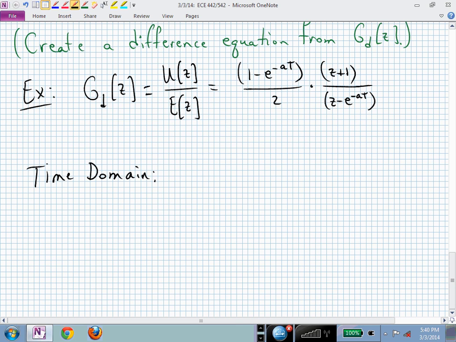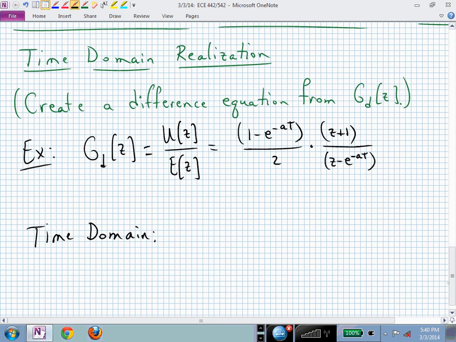Maybe what I want to do is map that differently so that I have delays and not advances, and how could I do that? I can always multiply something by 1.